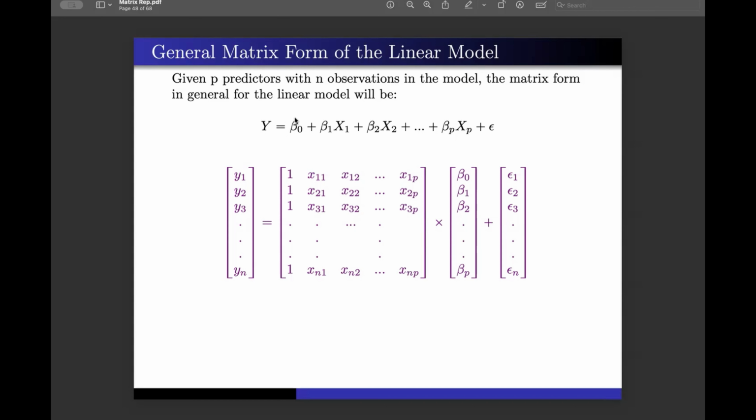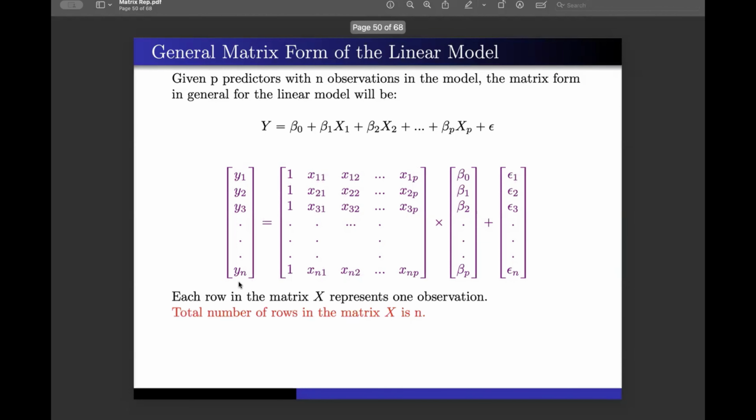To take care of this beta naught, we add a column of ones followed by the values all the other p independent variables take. And that is multiplied with the coefficient matrix, the beta matrix. Here we have p plus 1 betas: p betas, because we have p independent variables multiplied with p betas, and then an additional beta naught, which is not multiplied with any x, treated as an intercept. So we have a beta matrix that consists of beta naught, beta 1, beta 2, and so on till beta p. And then we would have a matrix for the error term.